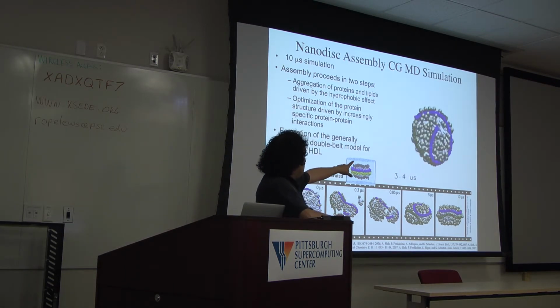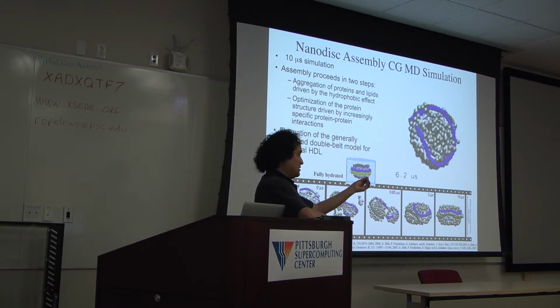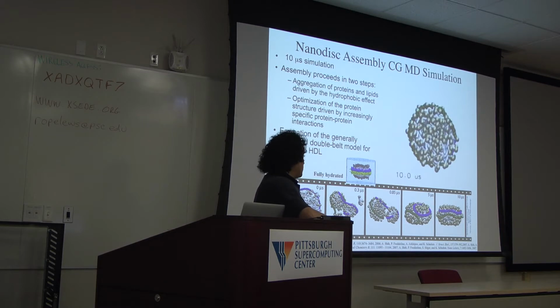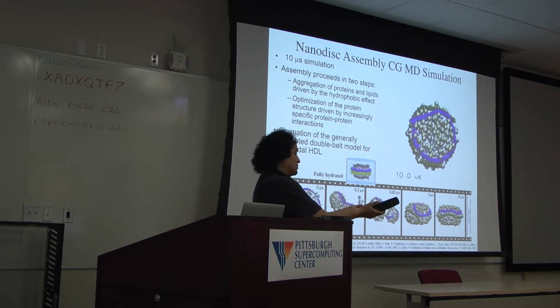So you can see the first thing they make is a vesicle, or not a vesicle, a micelle, right? When you have a flat surface, they do the same, they curve at the end and make a nicely looking slab of membrane. It takes a while, but that's what it does.